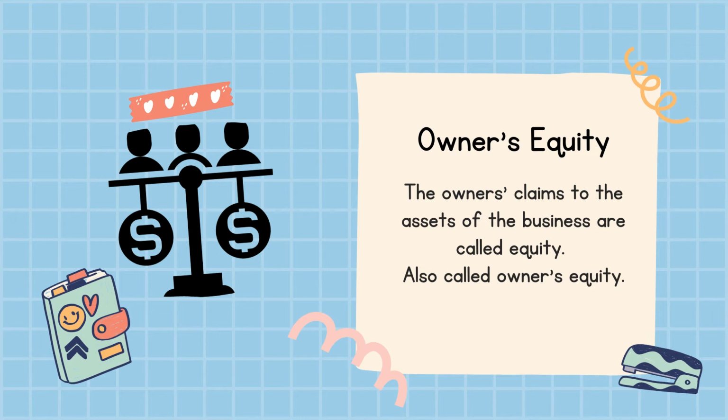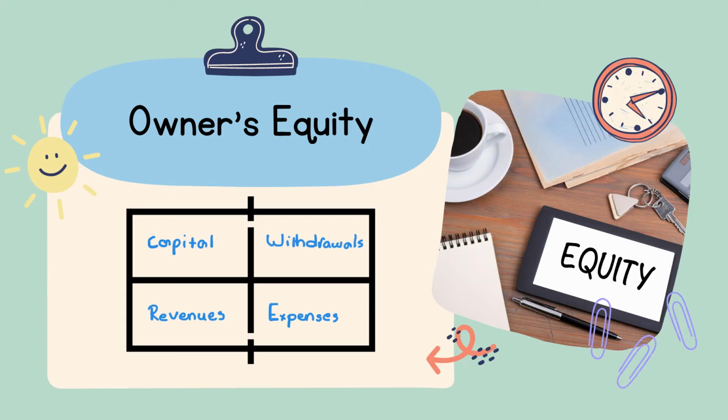I'm gonna explain them in the next slide. As we said in the previous slide, 4 accounts under equity. 2 of them increase my equity and 2 of them decrease my equity. So capital and revenues increase my equity, while withdrawals and expenses decrease my equity.